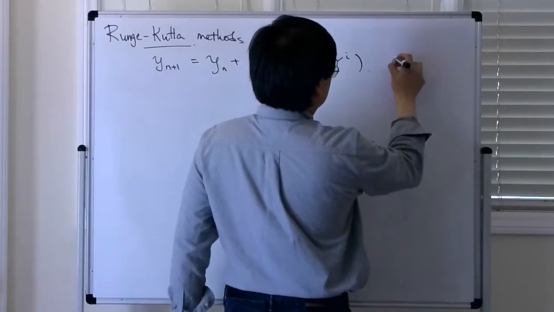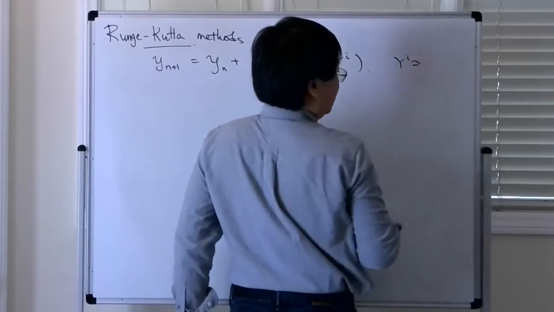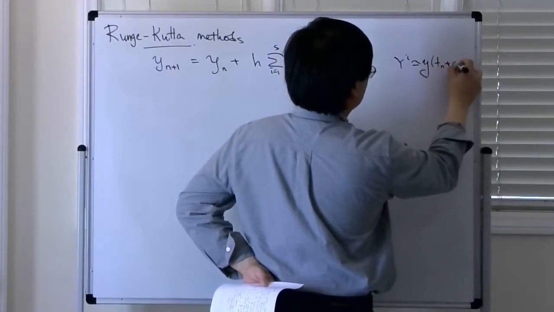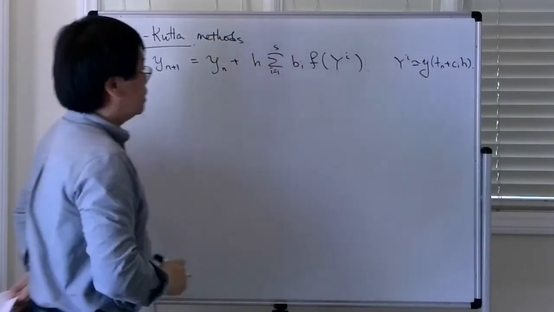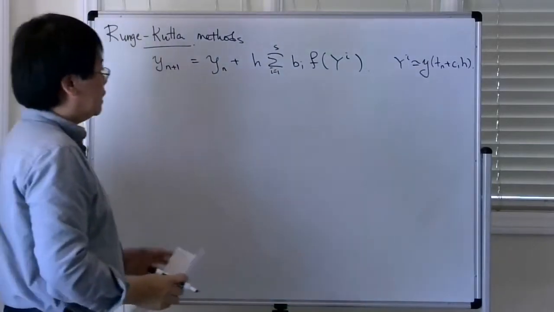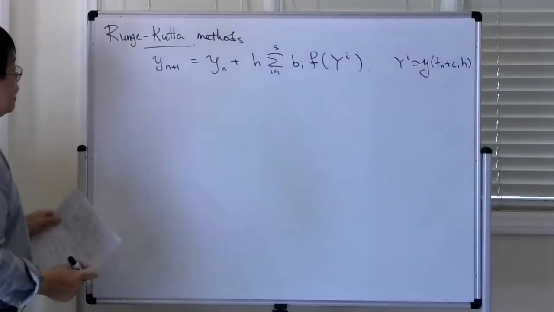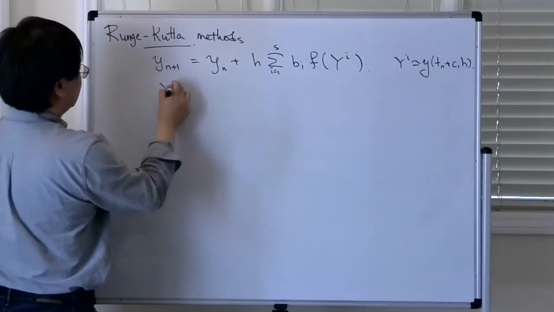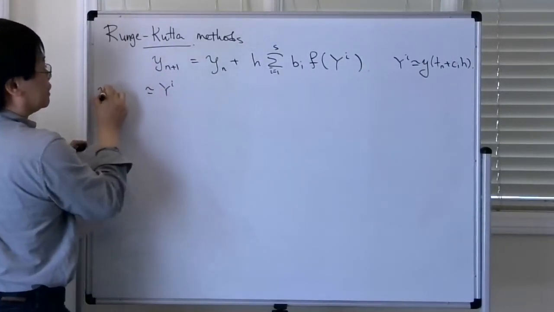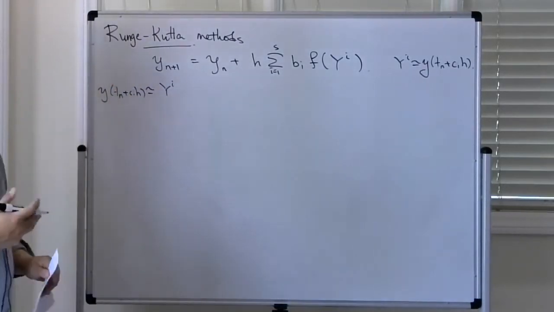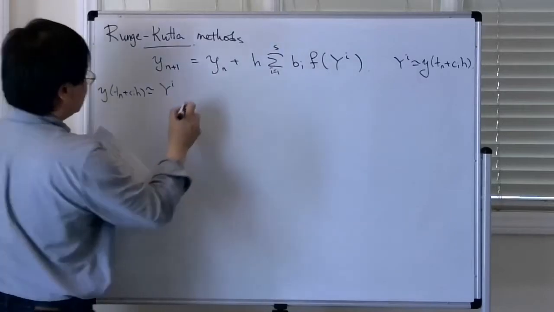The idea is that yi should be viewed as an approximation of y at Tn plus CIH. The problem remains of how you compute these yi's. Since they are approximations of y at Tn plus CIH, they themselves can be approximated by some sort of quadrature approximation.